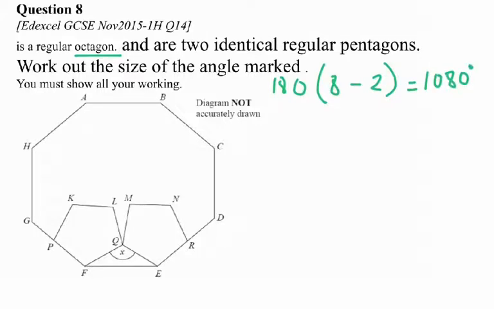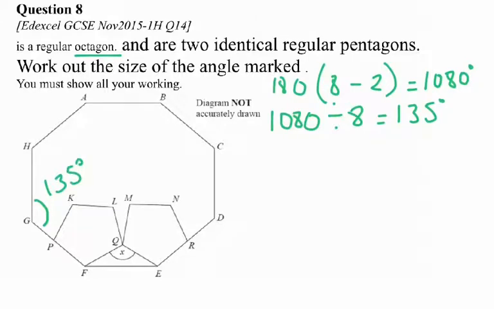Now then, that tells me what all the angles in that octagon add up to, but I specifically want to know what one individual one is. So I'm now going to do 1080 divided by 8 because it's an octagon, and I'm going to get an answer of 135 degrees. So I'm going to label that there on the diagram in green.